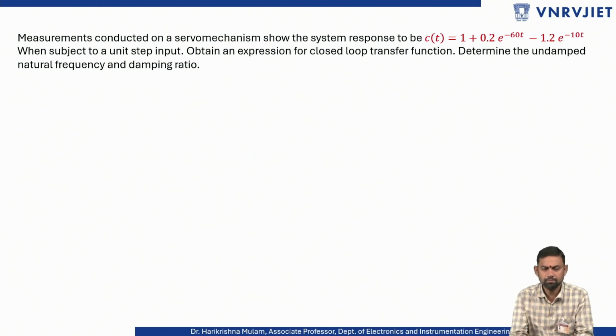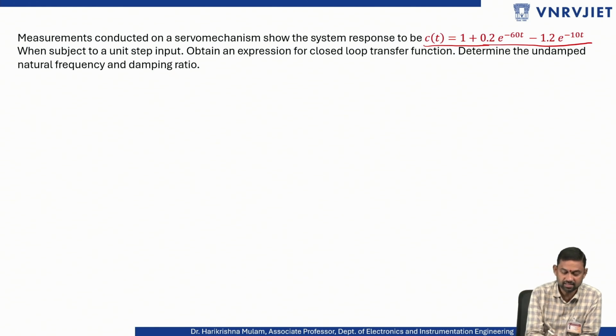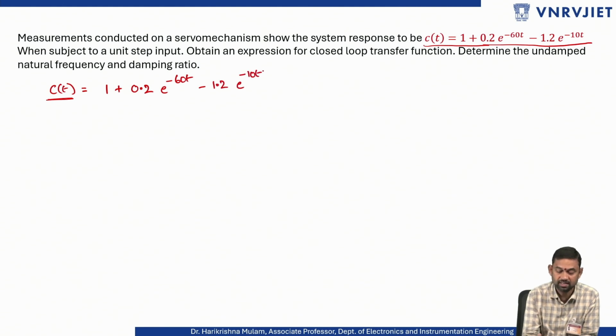So there is some system, and its response, the output of the system, C of t, is 1 plus 0.2 into e power minus 60t minus 1.2 e power minus 10t.